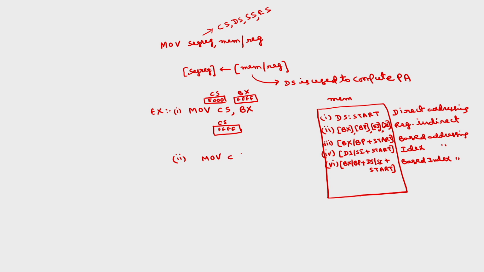So, here if I take directly the example, move CS comma the contents of SI plus start. While calculating the physical address, as I have told, the DS register will be used. So, if the contents of DS is 6000 say, then what else is required?